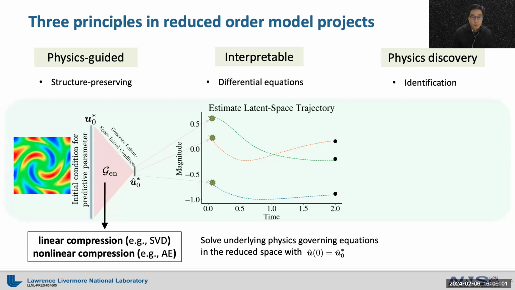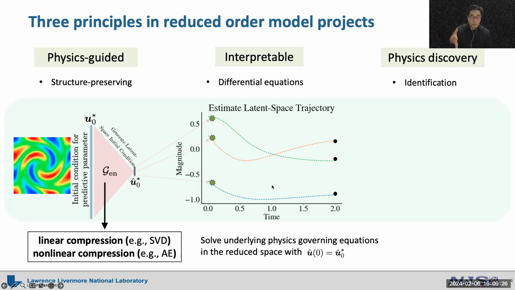We only want to do all the computations within the reduced space. So we achieve that by using some sort of interpolation technique to relate those parameters to the differential equations that represent the dynamics in the latent space, in the reduced space.